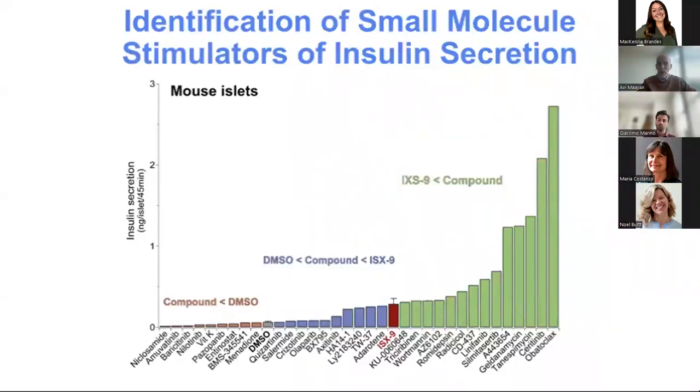They tested about 30 drugs, and you can see that we're really enriching for compounds, and there are several compounds that are doing much better than our control compound in mouse islets.